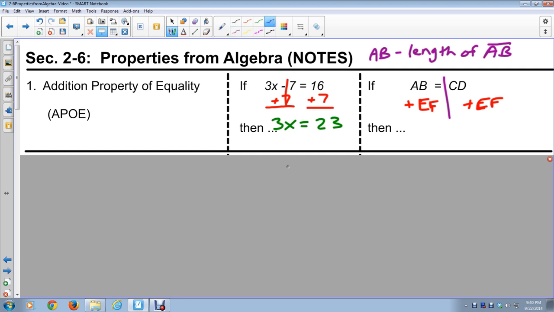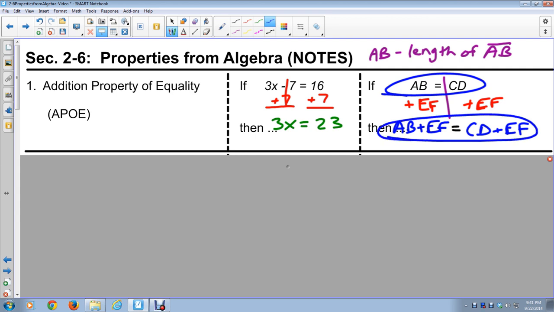I can't combine them, so I'm going to write AB plus EF. And then on the right-hand side, I've got CD plus EF. Because of that little step in the middle, I know that if AB is equal to CD, then AB plus EF is also going to be equal to CD plus EF. I have a true equation.